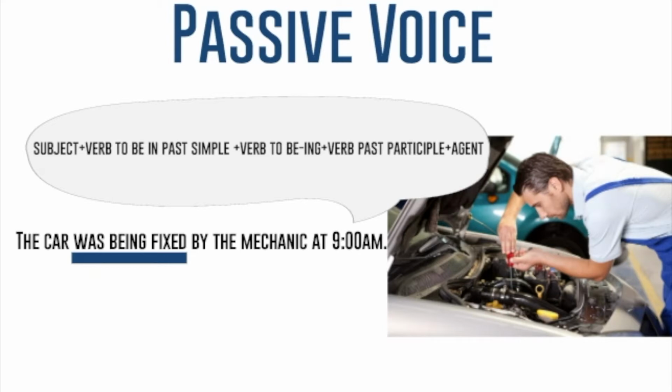And we have subject, that is the car, verb to be in past simple, verb to be with the ing form, and the main verb in past participle. Remember to use by to talk about the person in charge of the action, in this case, the mechanic, and to complement the time.